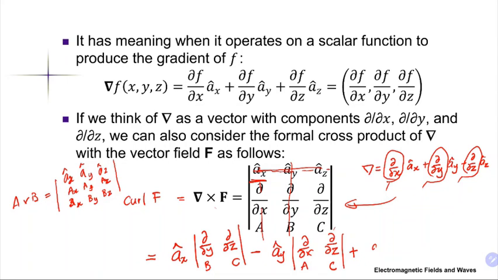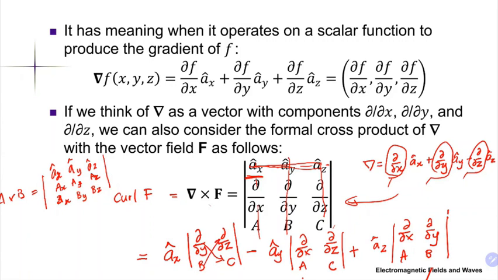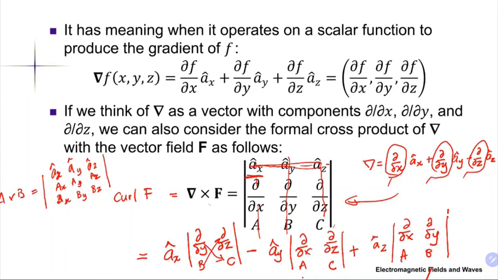Then plus A-hat z, using the remaining two columns: del x, del y, A, B. Then you just need to solve the 2 by 2 determinants.